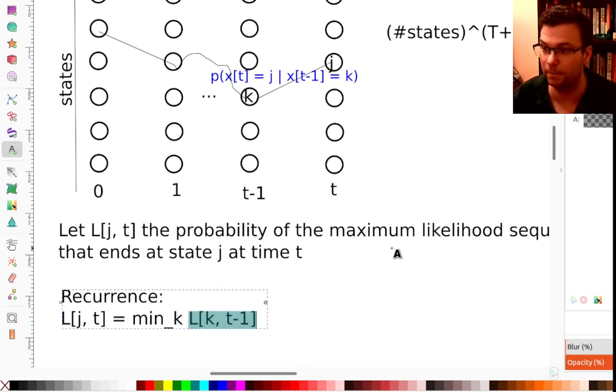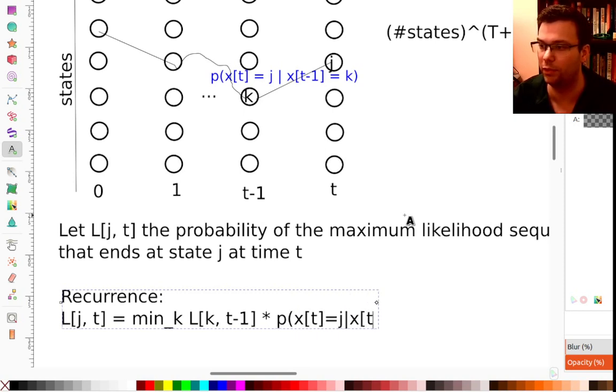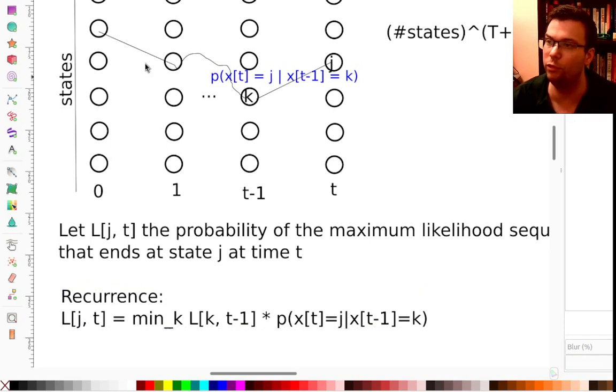Times, I'm tacking one more path on the end. That's going to be the probability of x_t equals j given x_{t-1} equals k. So I just multiply the accumulated probability to get here times the probability to get there. It's starting to look a lot like A star in some ways. There are a lot of analogies here. So that gets me the transition.